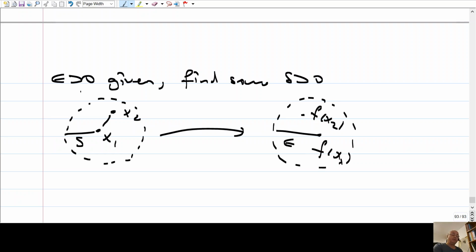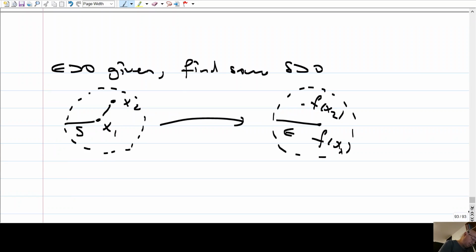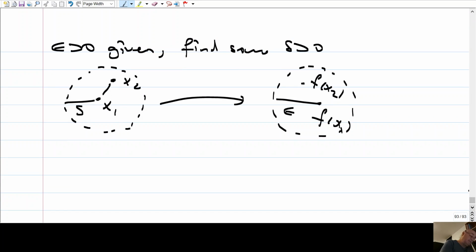Okay, given epsilon, I can find such a delta. In case of continuity, you are first given a point x, and then for any epsilon you find a delta, and delta depends not only on epsilon but also on x. Okay, so that's the difference, and this is the reason why this is called uniform continuity, because the delta you choose works for every x.